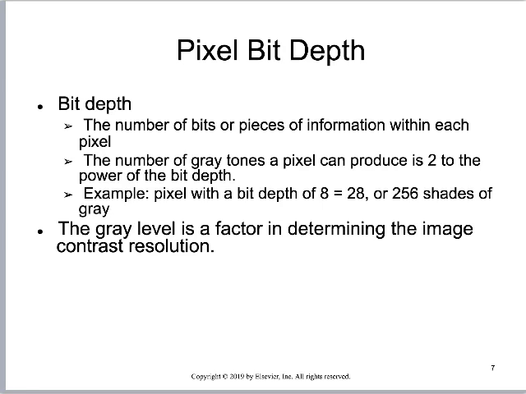So bit depth means the number of bits of information within each pixel. Every single pixel can represent certain amounts of information. So if you imagine across the matrix, you've got hundreds of these little tiny drawers. Bit depth is how much information you can put in any one of those drawers.